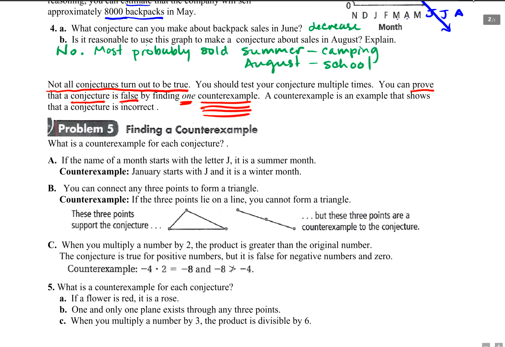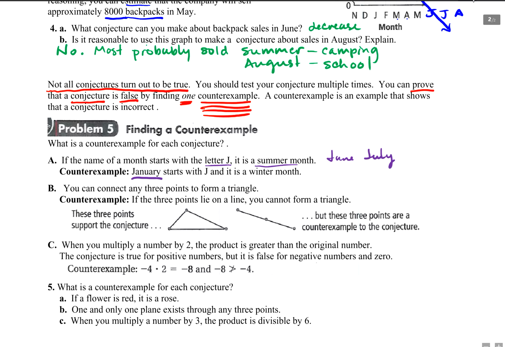If the name of the month starts with the letter J, it is a summer month. Well, if you think about your months, you have June and July. Those are summer months. But then you keep going through your months, and January starts with J. January is your counterexample.